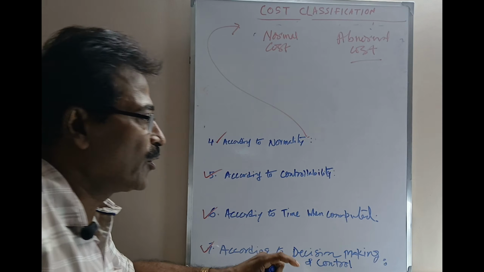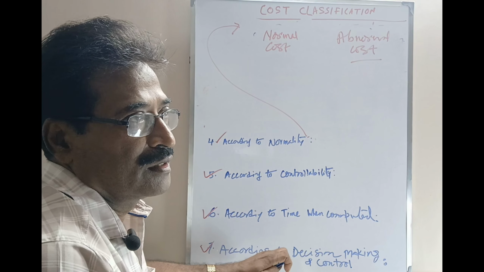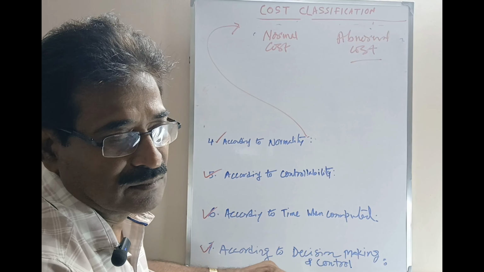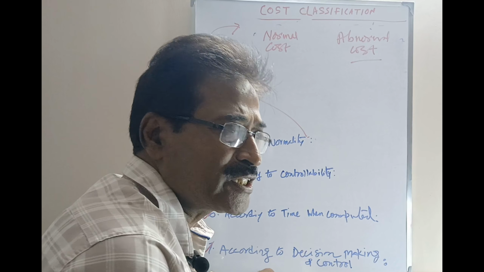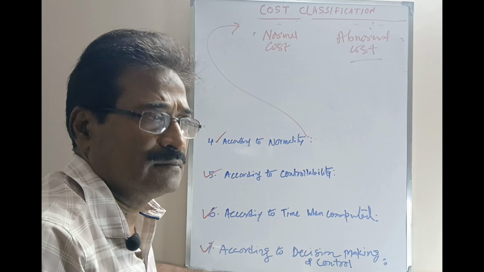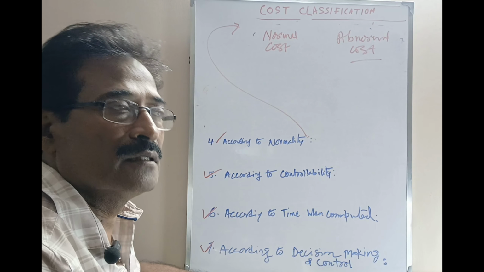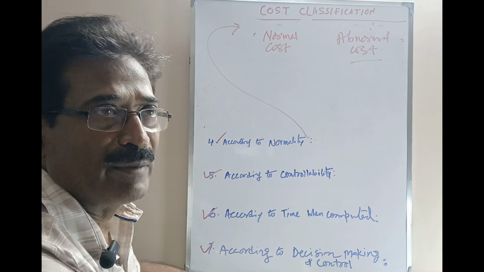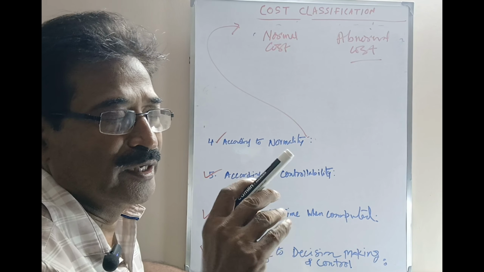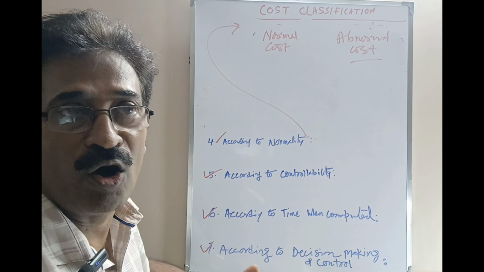During the course of production, certain cost is expected to be incurred. This is called normal cost. Let us take an example. In process industries, where mass production of a homogeneous product is done, say in an oil refinery, when product items are processed through a number of processes, when transferred from one process to another process, certain loss is expected.